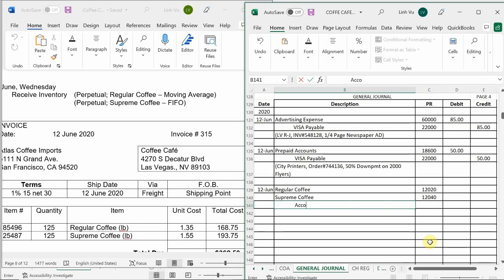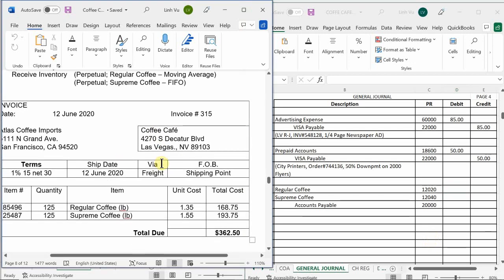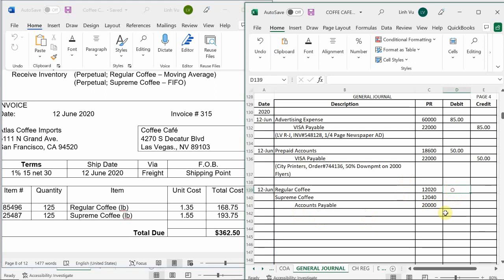We're going to take advantage of those terms and we're going to pay them later. Okay. Now, how much did I purchase the regular coffee for?